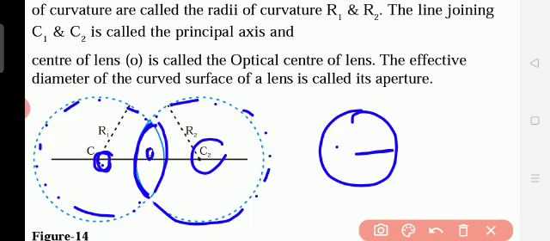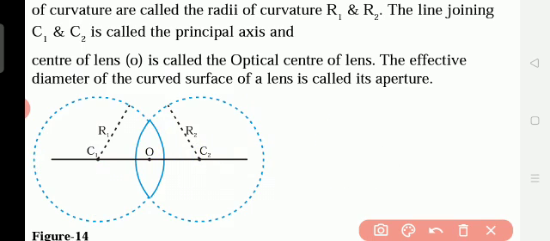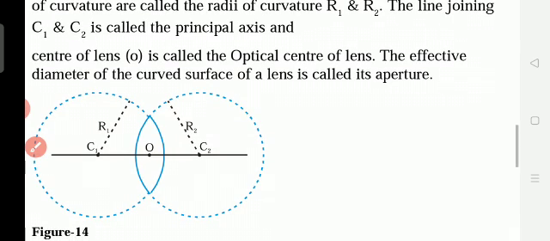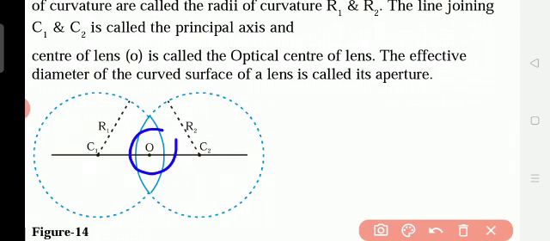The distance from the central point O to the center of curvature is called the radius R1 and R2. O is the optical center, the center of the lens.